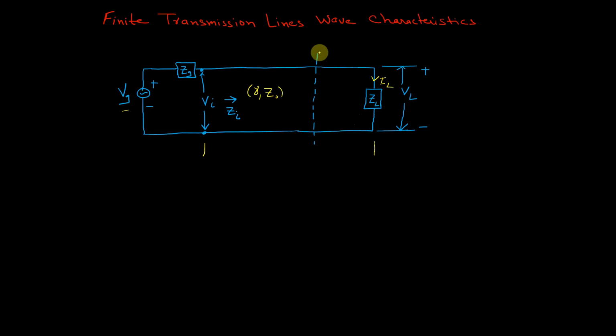Here let us consider an arbitrary point on this transmission line, given by this dotted line, and the total length of this transmission line from that point to this load is L. At this point z is equal to 0 and z dash is equal to L. From that point to this arbitrary point is z, and if the whole length is L, then L minus z will be equal to z dash.